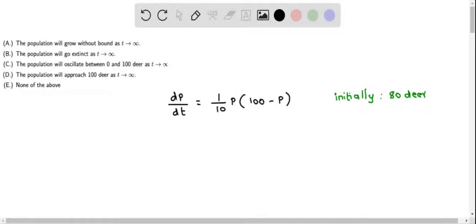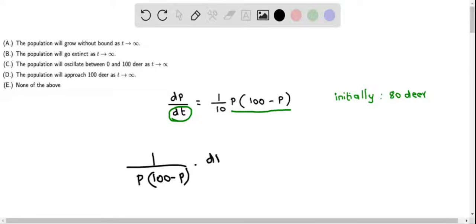I'm going to separate the variables here. So I'm going to divide both sides by the expression P times (100 minus P), and also multiply by dt on both sides. We can rewrite this equation as 1 over P times (100 minus P) times dP equals 1/10 dt.